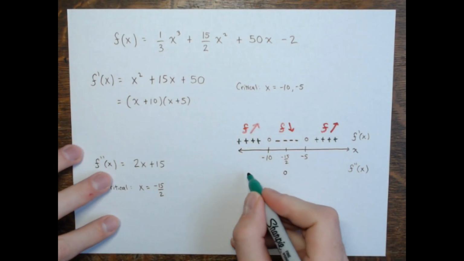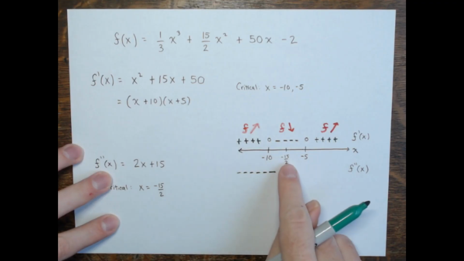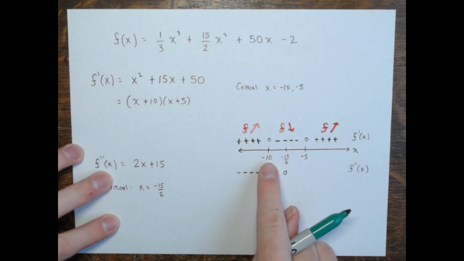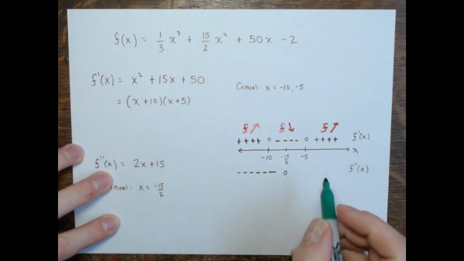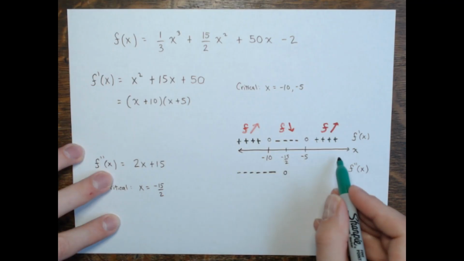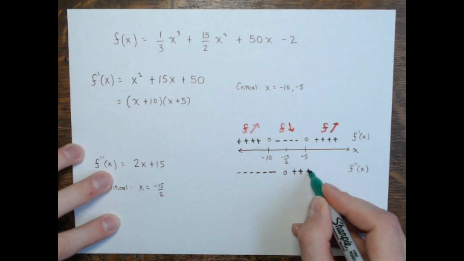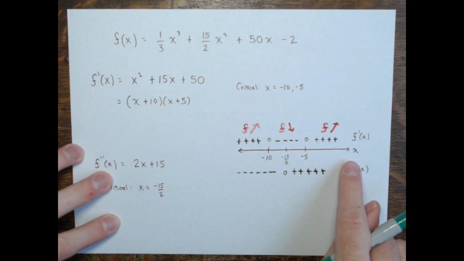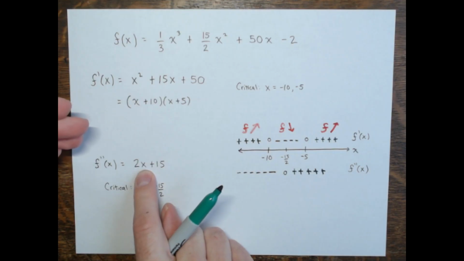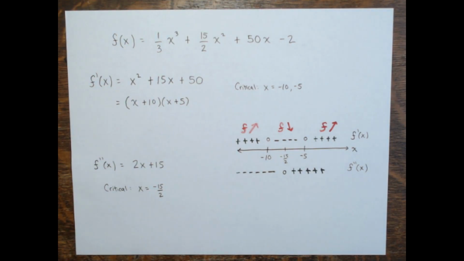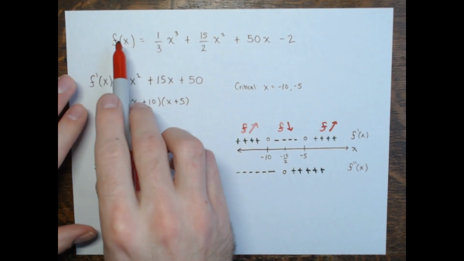So there should be negative second derivatives to the left of negative 15 halves. You can plug in values to the left of negative 7.5 and you'll get a negative value back. To the right of negative 15 halves you get positive second derivatives: plug in numbers bigger than negative 7.5, and this second derivative should have a positive value. Now remember what this says about f.